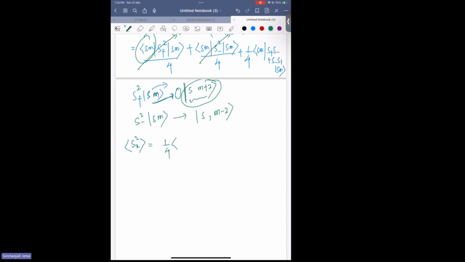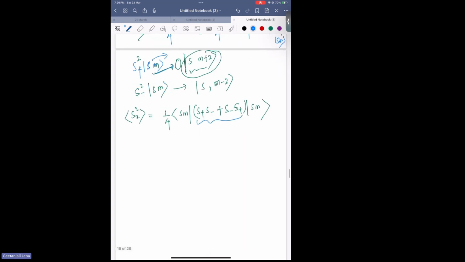1 by 4 Sm, S plus S minus plus S minus S plus Sm. So you can use how S minus and S plus act on this Sm to calculate this value.